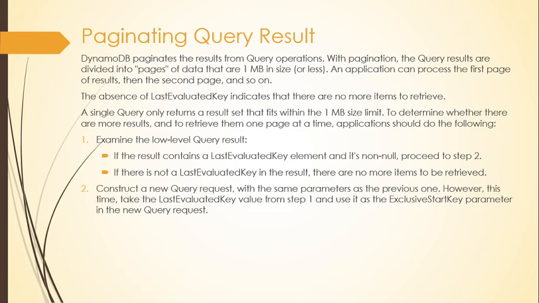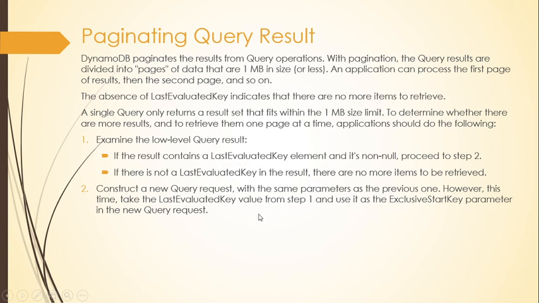For the second step, construct a new query request with the same parameters as the previous one. However, this time take the LastEvaluatedKey value from step 1 and use it as the ExclusiveStartKey parameter in the new query request. So the first time you get your records with some LastEvaluatedKey.